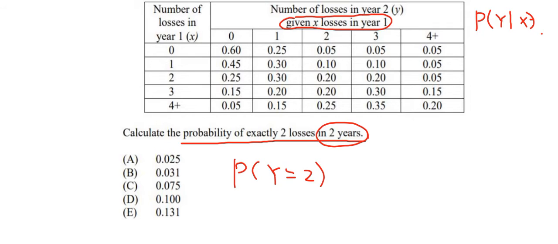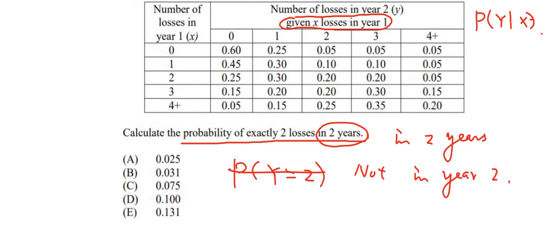Oh, so here, we should be careful. Let's see. In 2 years, not in year 2. Yeah, in 2 years. In year 2 is Y. So in 2 years means together, right? First year, second year.